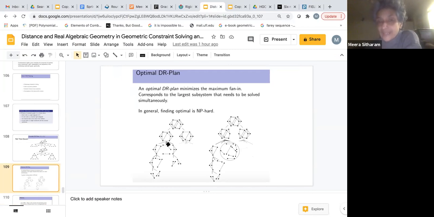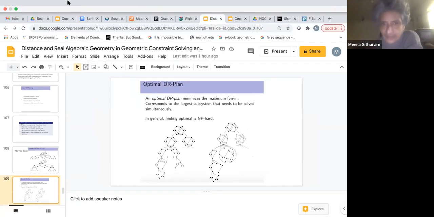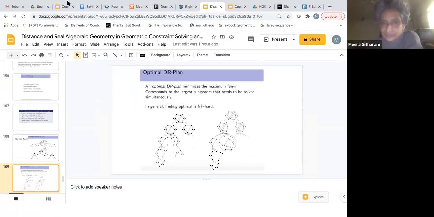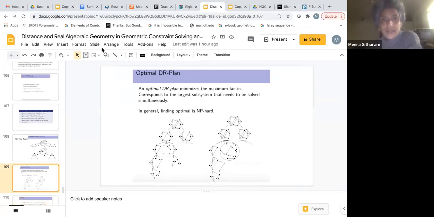In the block diagonal, if you do a block triangularization, the sizes of the blocks are directly proportional to the number of children, so we want to make sure those blocks are small. Which is why an optimal DR plan minimizes the number of children across all the nodes.